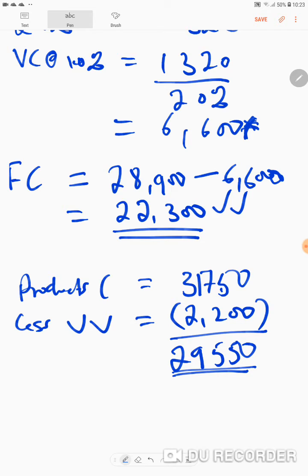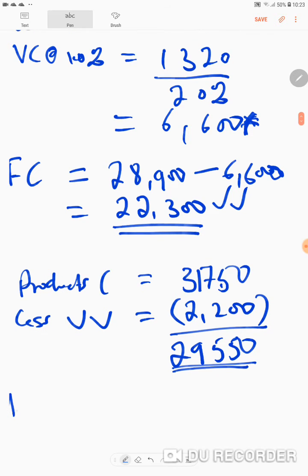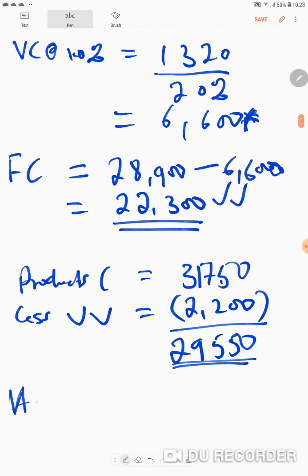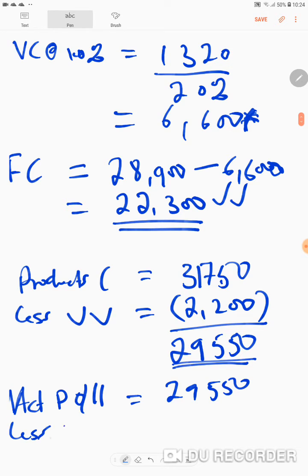So what next? Now I've got the actual fixed cost incurred. I now need to calculate actual production overheads incurred. I've got 29,550 less my fixed cost of 22.3. Remember that fixed cost number.